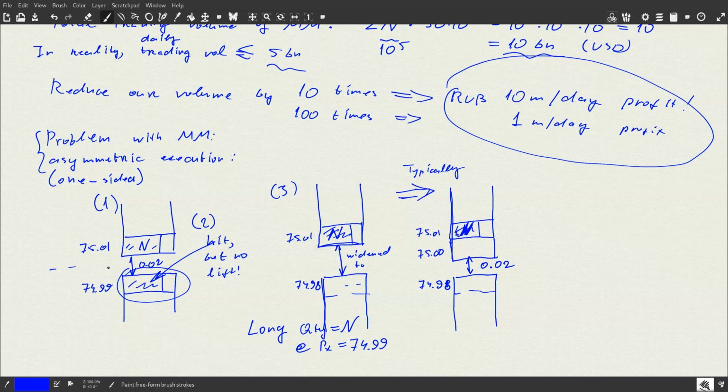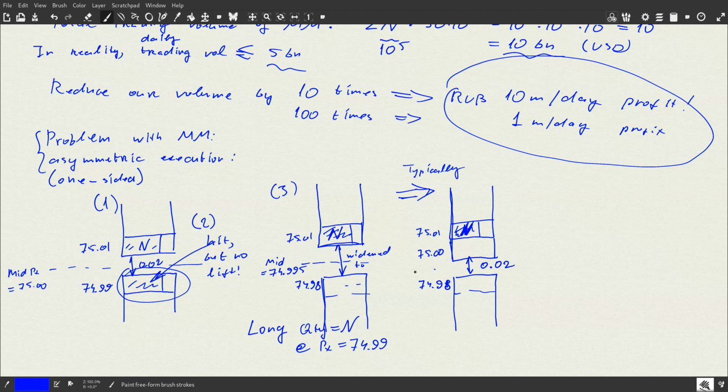If we calculate the price of our USD ruble as mid price, so the mid price was 75.00 at this point, right? Now the mid price is 74.995 in this situation, that's the mid price.